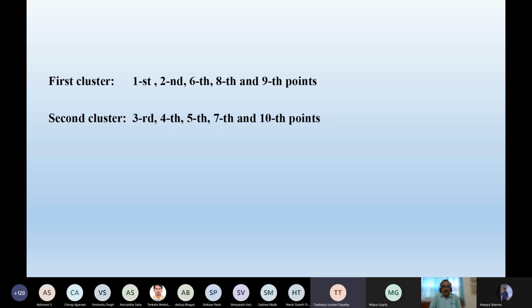Sir, my doubt was that since the data points we are considering are n dimensional, there are capital N number of data points, each having capital L dimension. We did a similar kind of thing in optimization.